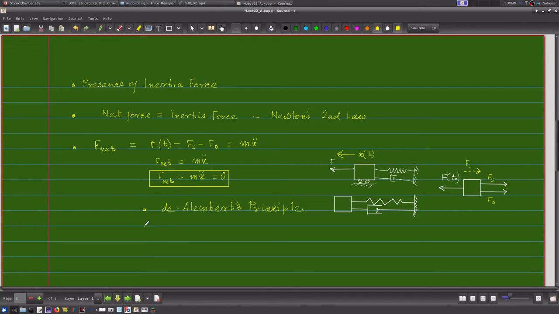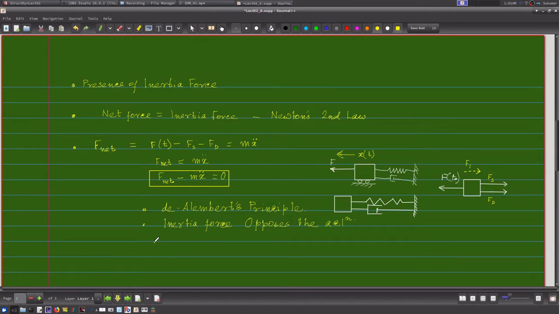What does it say? It says that inertia force opposes the acceleration, and the value of inertia force is given by Newton's second law, which is mass times the acceleration.